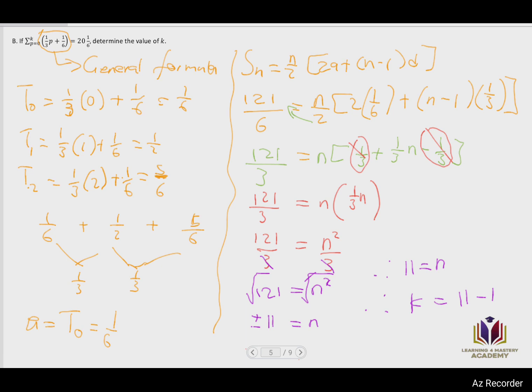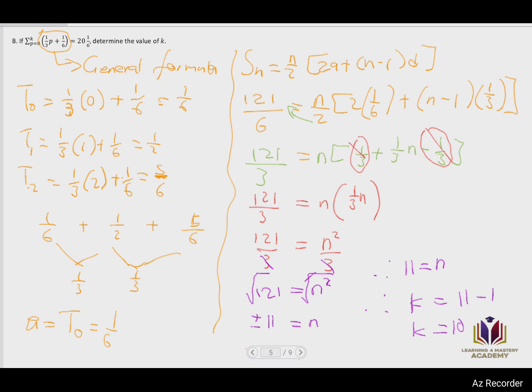Why? Because we are excluding the t0. Okay? We exclude the t0, then we count from t1 up until t10. This is going to give us k is equal to 10. Right? You just minus it by 1. It's then going to give you k is equal to 10.